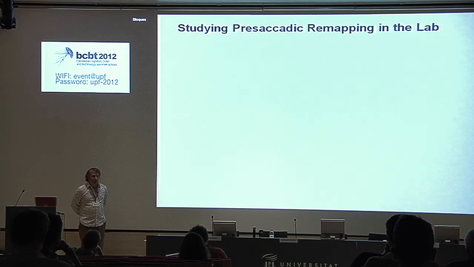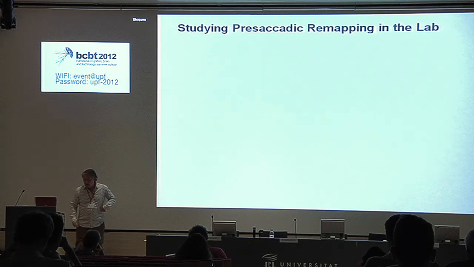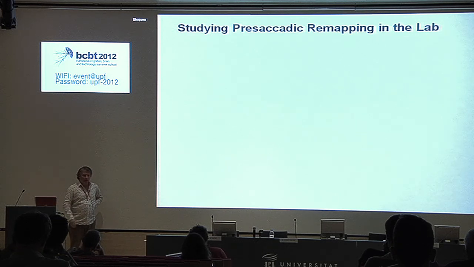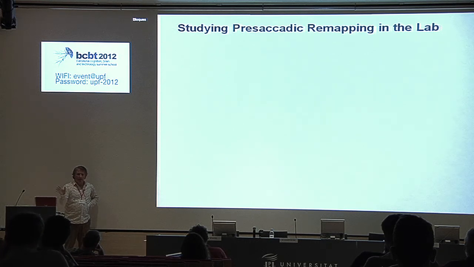So spatial attention is another way to focus analysis on a new part of space by attending to a particular part of space. And we think that attention is closely linked with the shifting receptive fields. There's conflicting evidence about that. Some groups say that remapping occurs regardless of where you're attending.